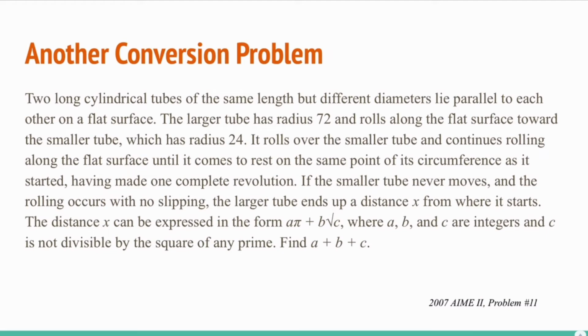If the smaller tube never moves and the rolling occurs with no slipping, the larger tube ends up a distance x from where it starts. The distance x can be expressed in the form a pi plus b square root of c, where a, b, and c are integers, and c is not divisible by the square of any prime. Find a plus b plus c. To start, let's draw a diagram.